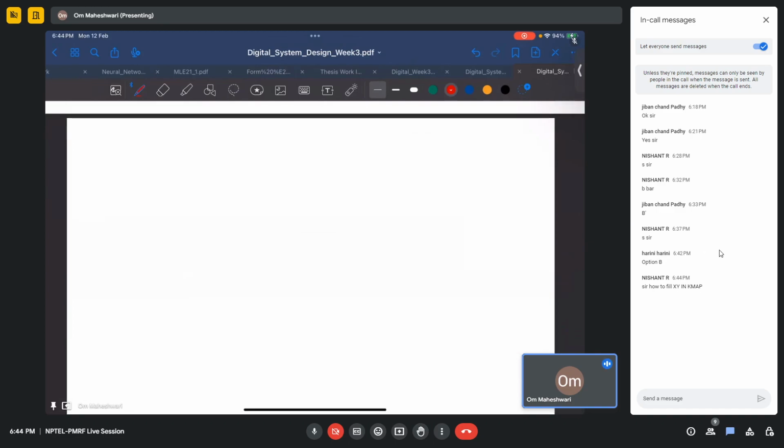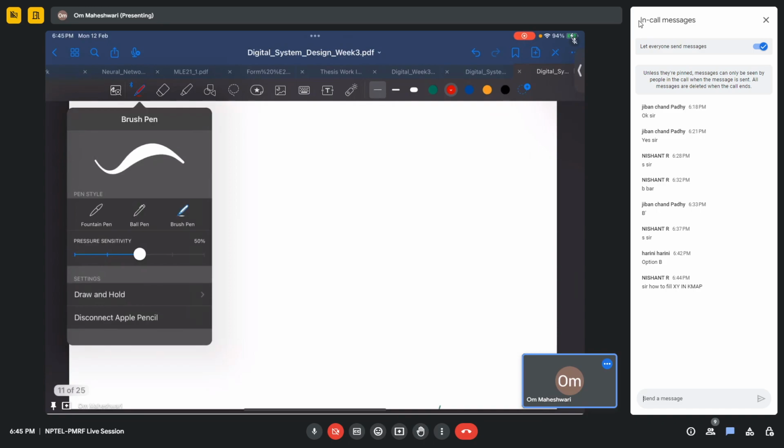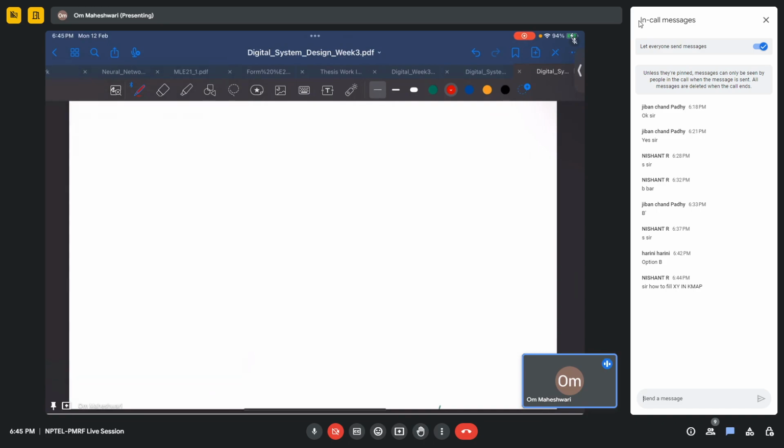K-map is, again I'm stressing, the most important part of Boolean algebra. So practice a lot of questions on K-map. Okay. So let us write the function first.